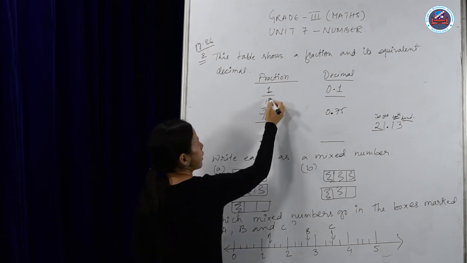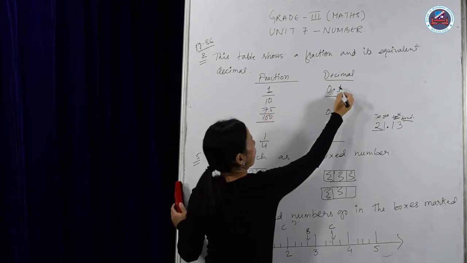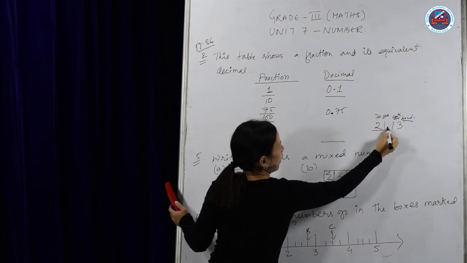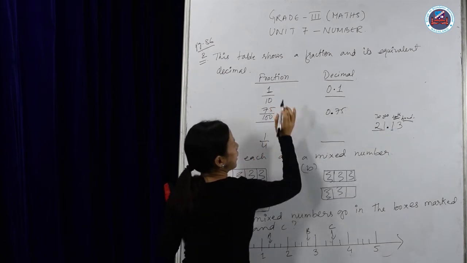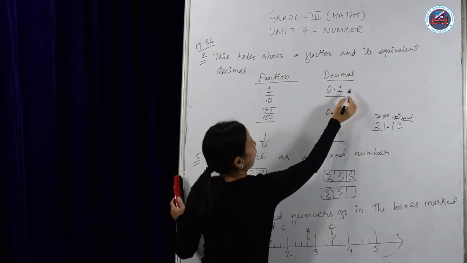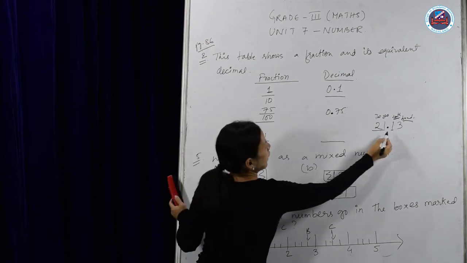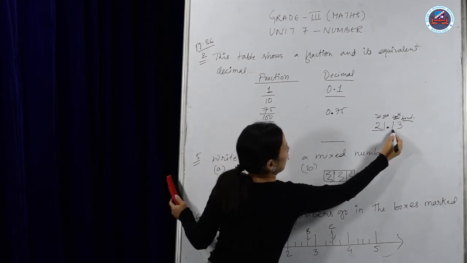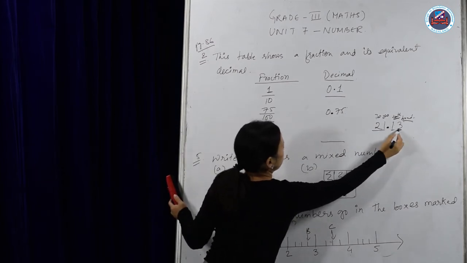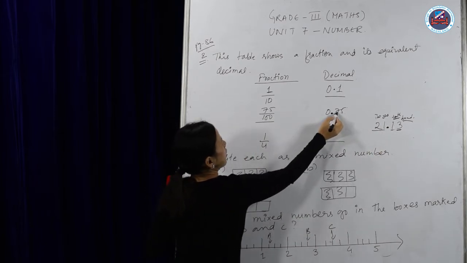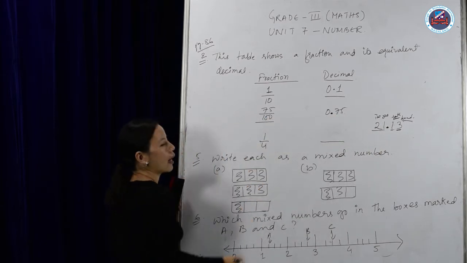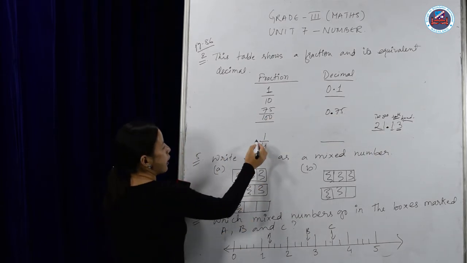So this is 1/10, so 0.1. Your tenth comes right after the point, so 1/10 is 0.1, okay? And this one is right after the decimal, we count tenths, hundredths, so it's in the hundredths place, so we write 75/100, okay?